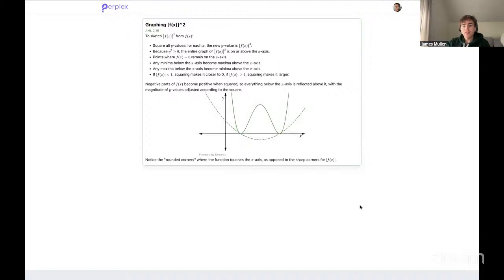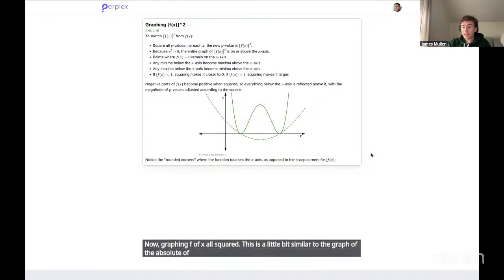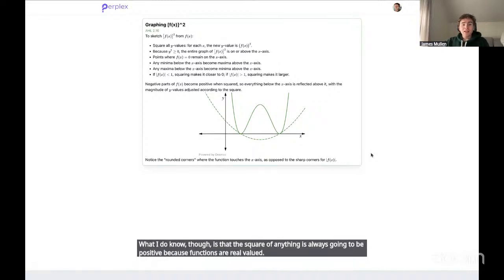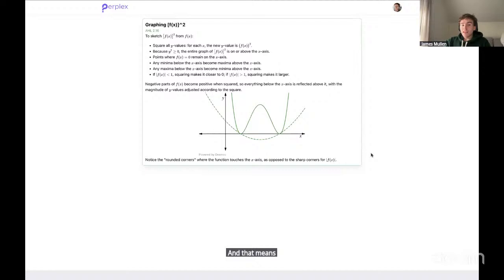Now, graphing f of x all squared. This is a little bit similar to the graph of the absolute value of f of x, except that the corners here are not going to be sharp. What I do know, though, is that the square of anything is always going to be positive because functions are real valued. And that means that the function is always going to be above the x-axis.